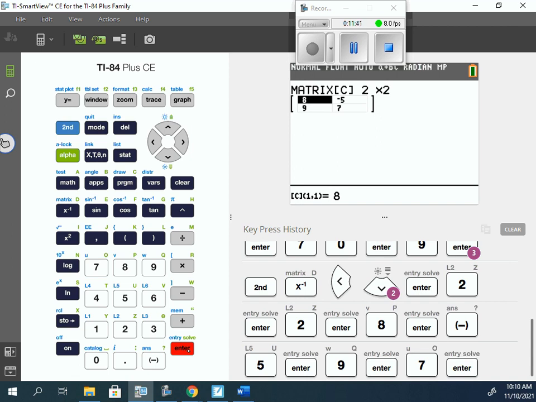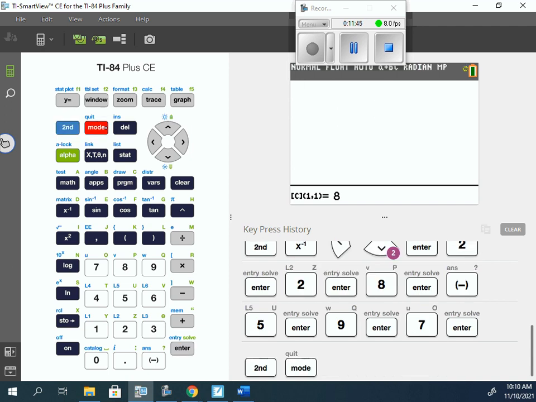Questions on this here? Once we get them all typed in, we can go second quit. Now we can find these individually because I can take the determinant of all 3 and then divide them by hand, or we can have the calculator do it for us.